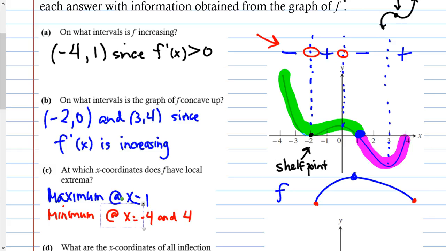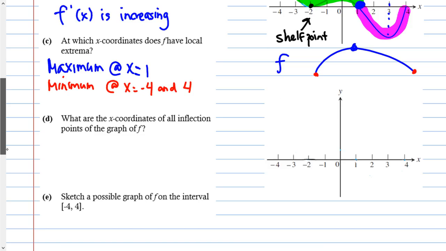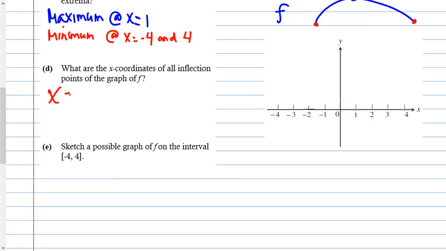So I have x equals negative 2, I have x equals 0, and then it goes from negative to positive again. So right here, at x equals 3. So those are my points of inflection. So x equals negative 2, 0, and 3. Okay.